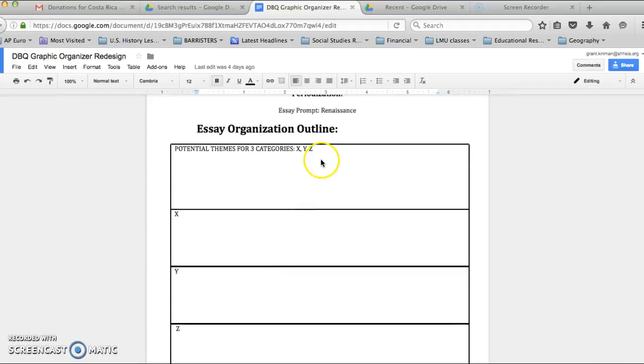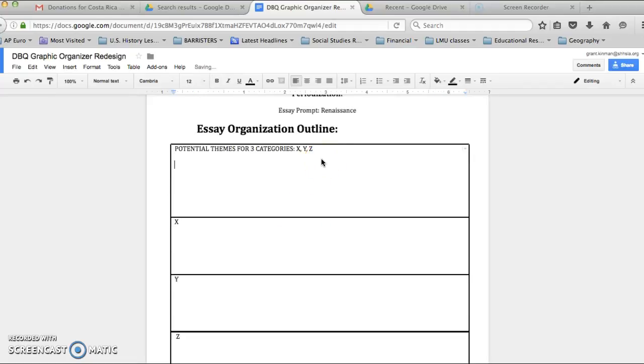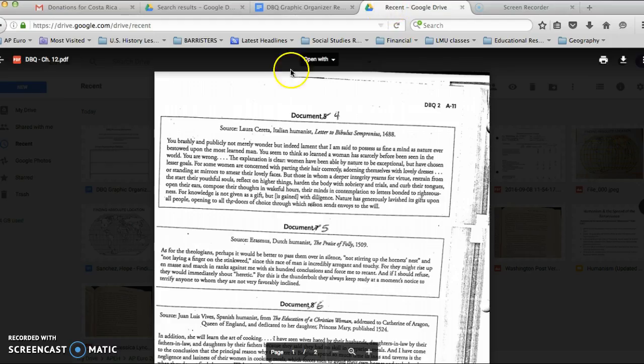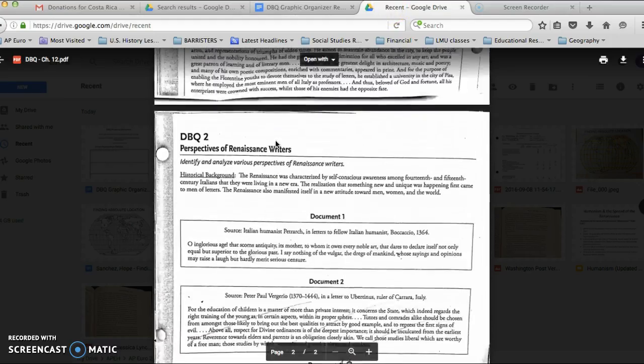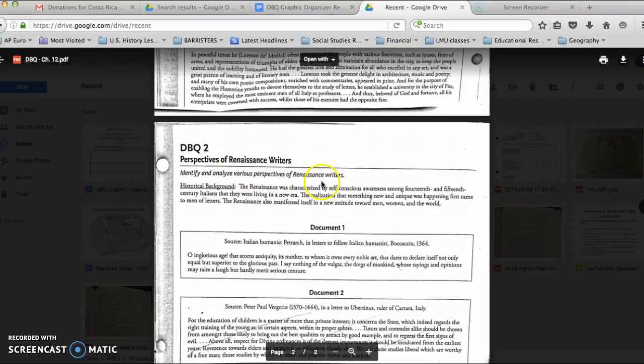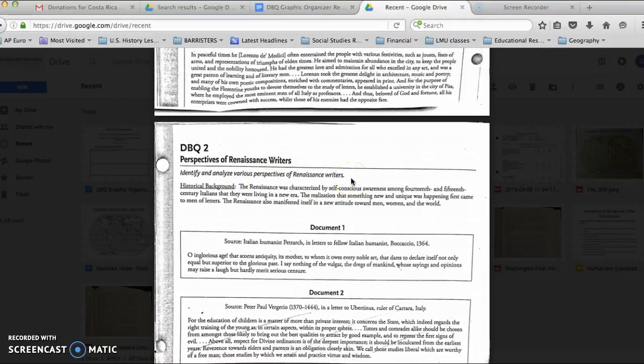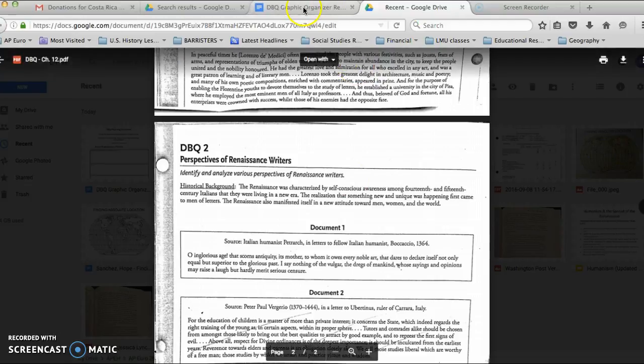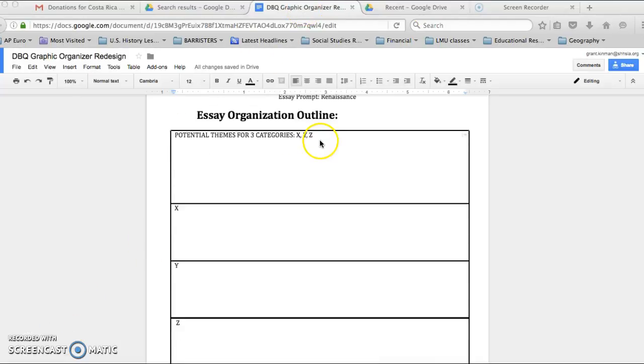let's just start with what do we already know about the Renaissance, because what the question asks us to do is to identify and analyze various perspectives of Renaissance writers. Well, we can already think of 2 really big categories. Okay, so we have early Italian humanism, right?